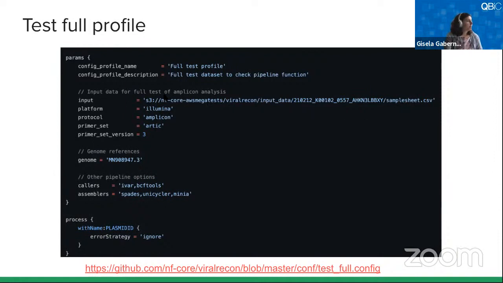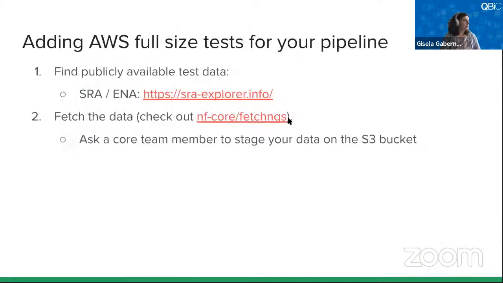And for the input sample sheet, this one can be set as part of the pipeline repository, but it can also be already directly staged on our nf-core AWS megatests S3 bucket, and the path directly provided here. So let's summarize exactly what you need to do to set up AWS full-size tests for your pipeline.